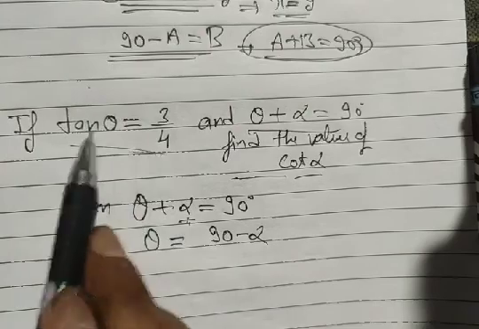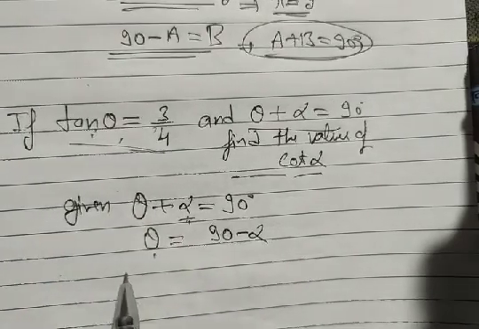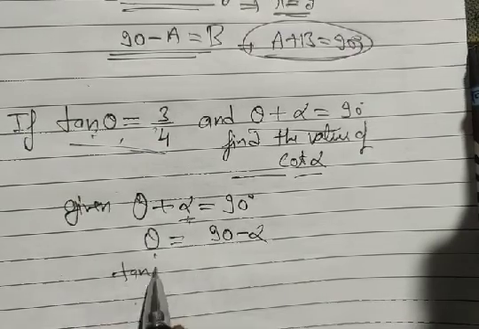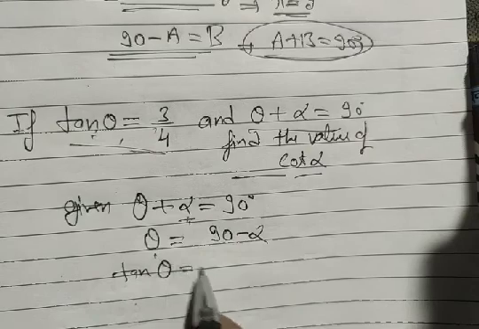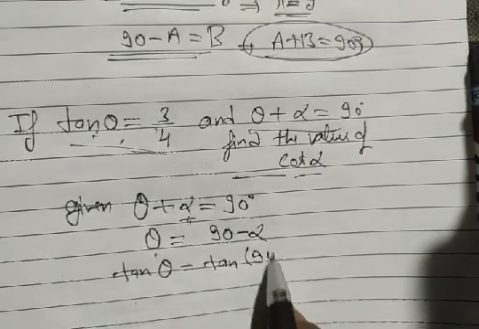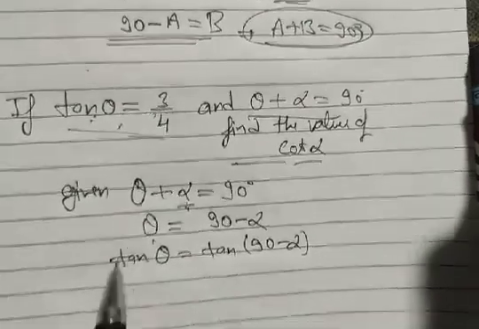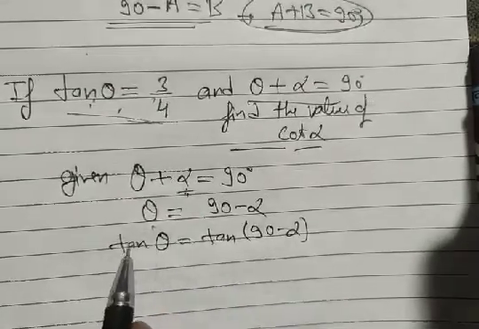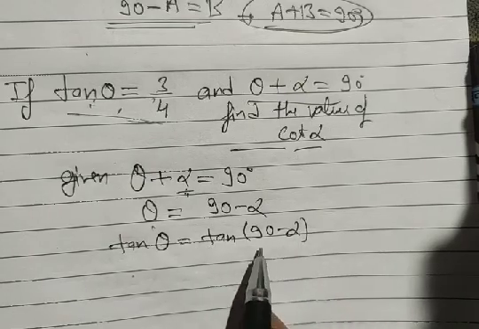It is also given the value of tan theta. We have theta here, then we take the tan of both sides. Now we have tan theta equal to tan of 90 minus alpha.